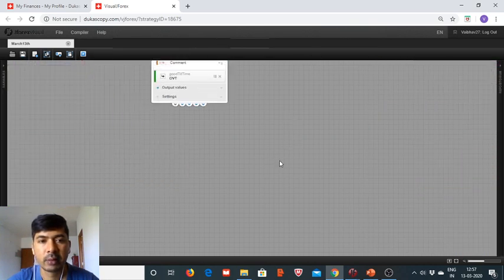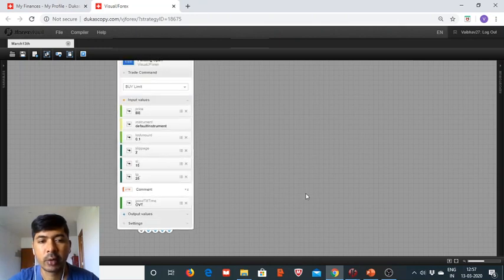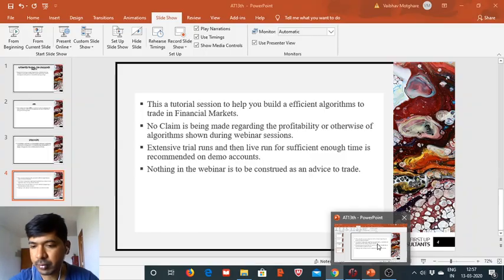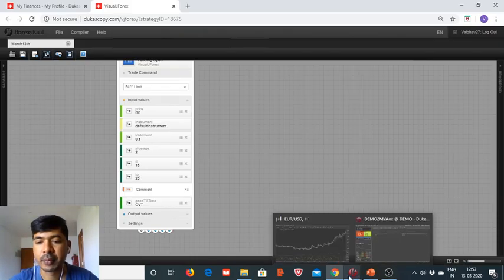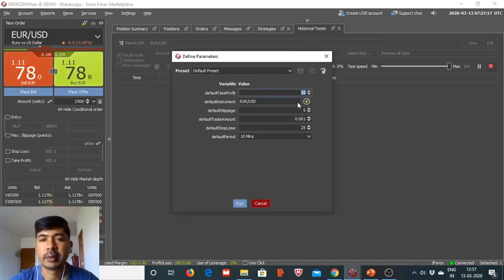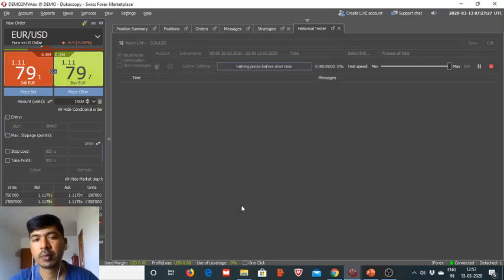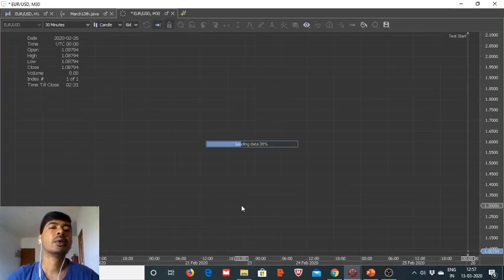Yes, and the stop loss is 15 pips, slippage is 2 pips, and the lot amount is 0.1 million. Okay, 2 and the amount is 1 and stop loss is 15. Let's go. So this is the test run.